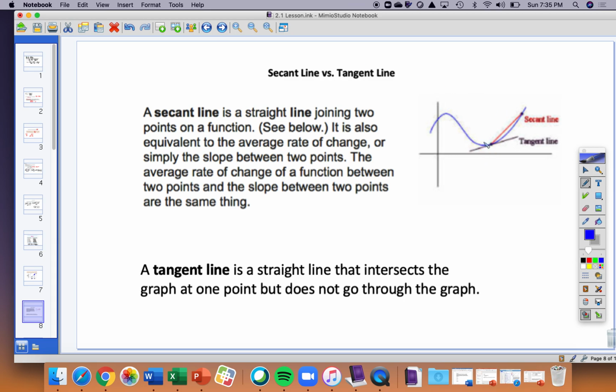For example, you see this line here? This is a tangent line. If I was to draw a function, there it is. This right here is a tangent line. It intersects right at this 1 point. And the slope of a tangent line is the instantaneous velocity.